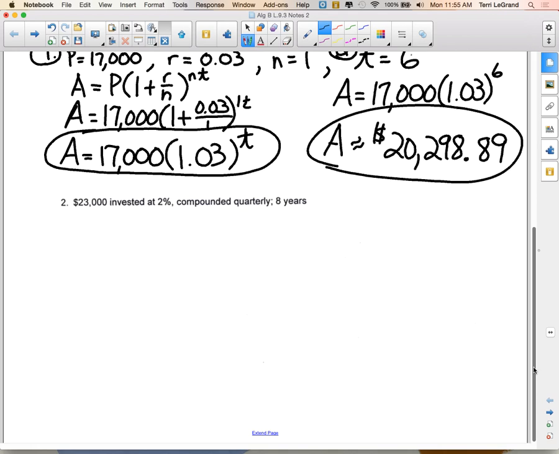So in step number 1, remember we identify the P, the R, and the N. Step number 2, we identify the T. And when you're done, Calvin, come on up here and fill it in for me on the smartboard. Okay, we're waiting on you, Calvin. Come in, fill in the blanks when you're ready.